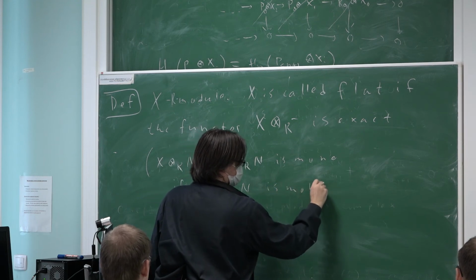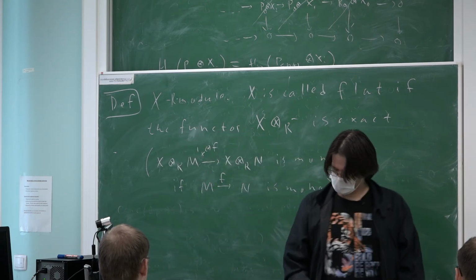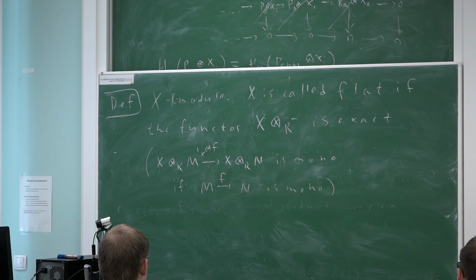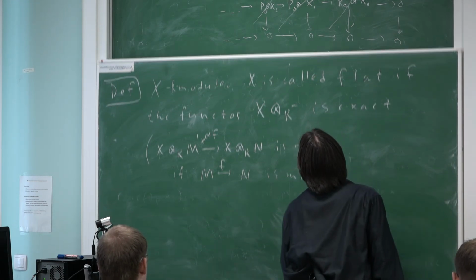So a module is flat if and only if it preserves monomorphisms, if the tensor product with it preserves monomorphisms.